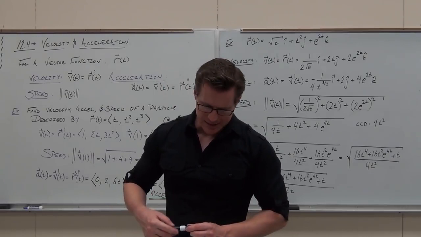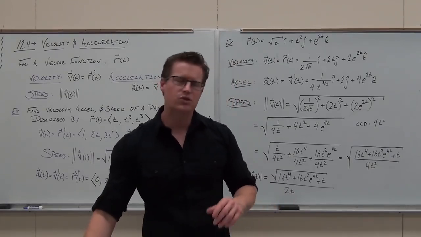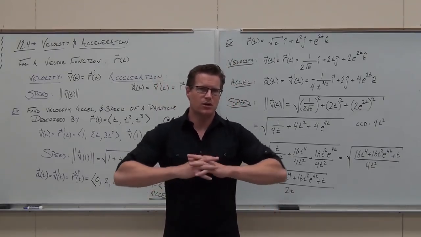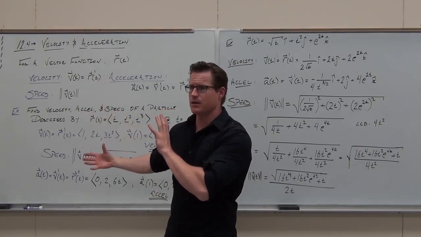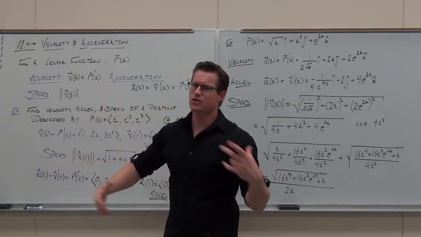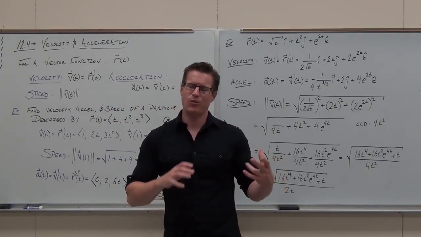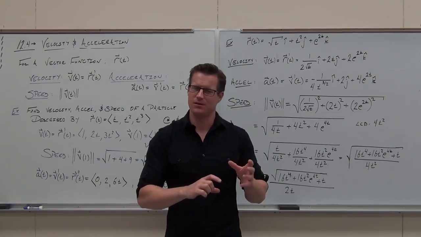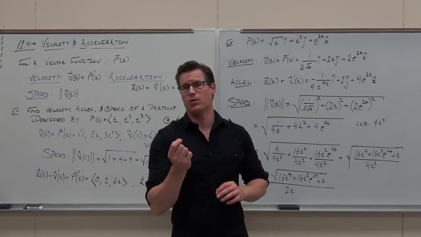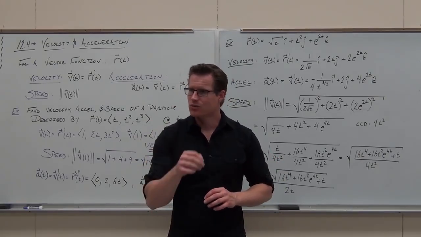Now we're going to step back in time a little bit. We started taking derivatives of vector functions. But we also did integrals of vector functions, and I said a blurb about what integrals actually do.